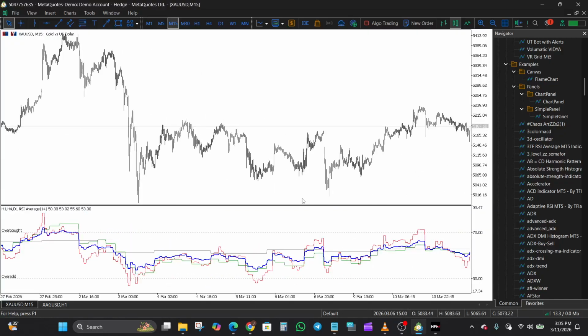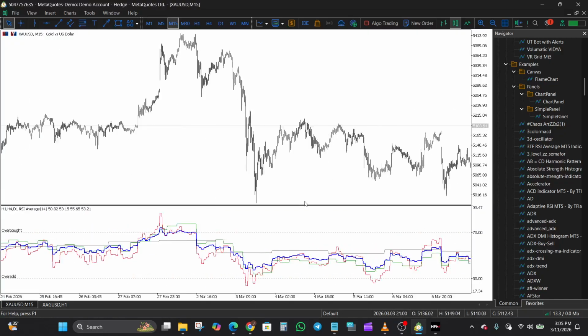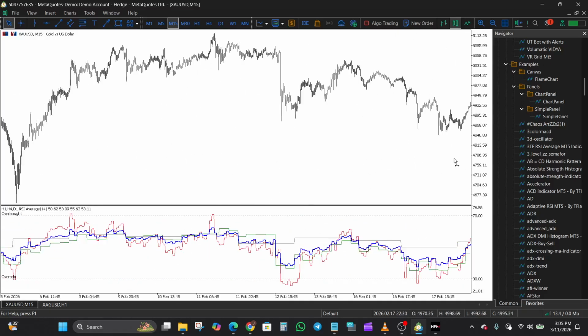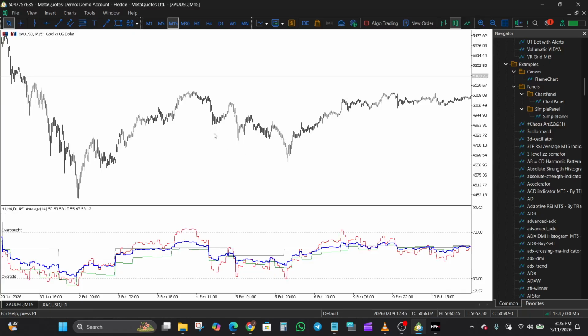Then in a bearish trend, let's look for a bearish trend quickly. In a bearish trend, you want to look out for the red line crossing the 70 level. When it starts crossing back down, you want to enter a sell trade after you've gotten your confirmation, obviously. Then you wait for the red line to enter the oversold territory and consider closing your sell trade.